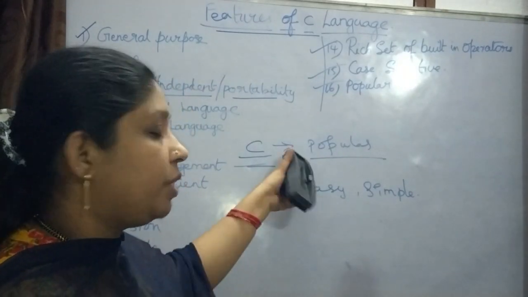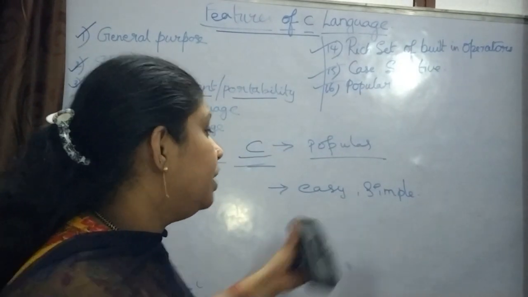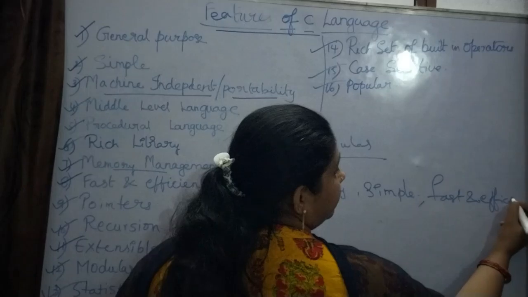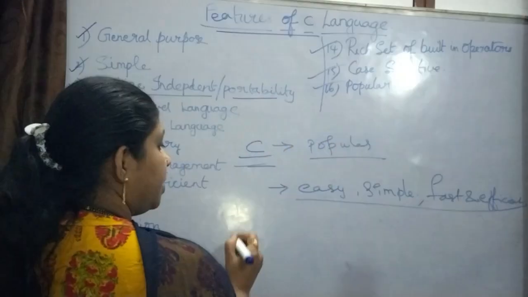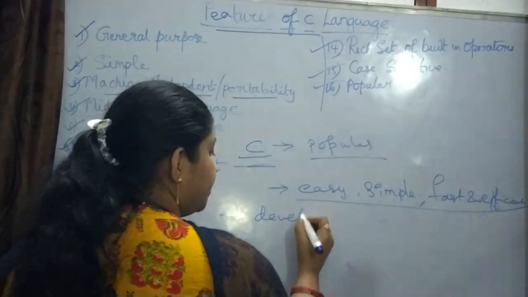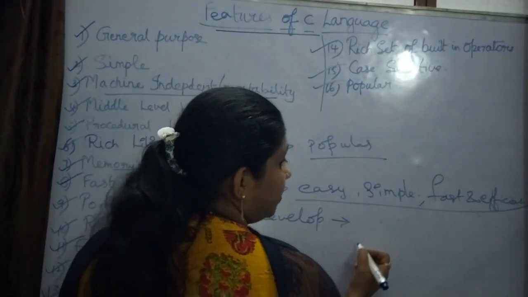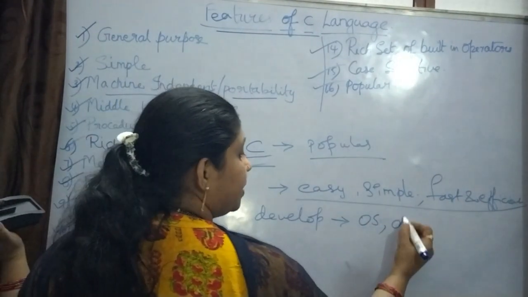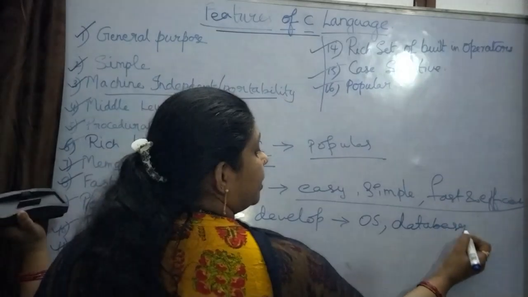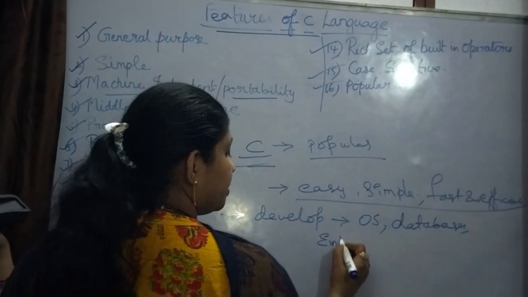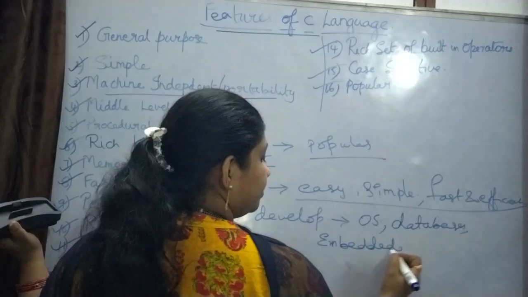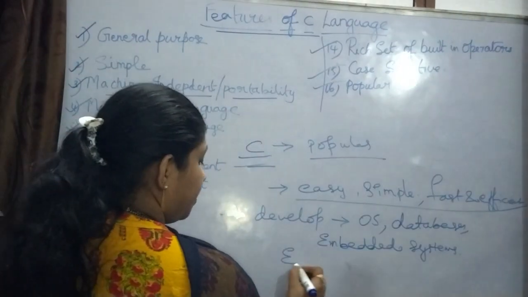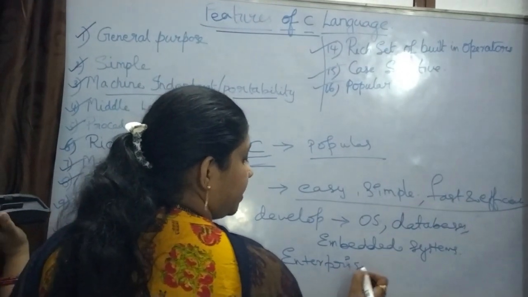So that's why it has become popular, because it's easy and simple, fast and very efficient. Next, it can develop many software and applications, like operating systems, database software, embedded systems, and enterprise applications also.